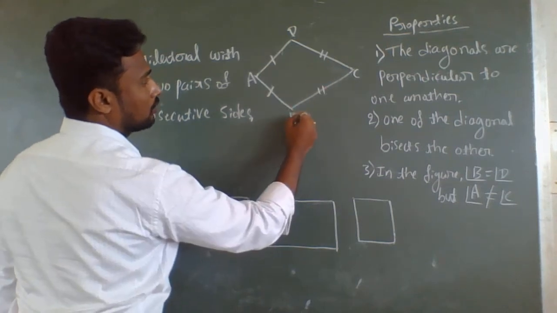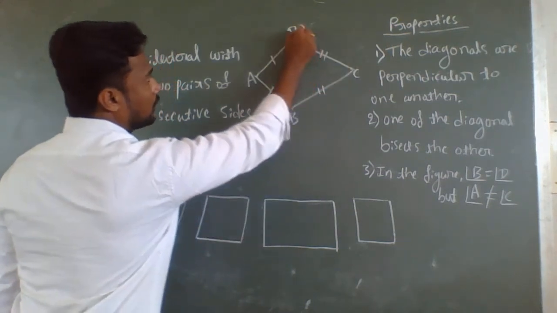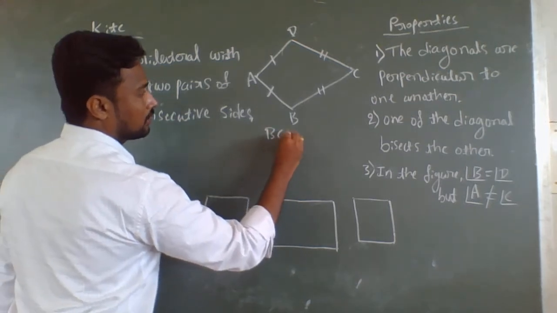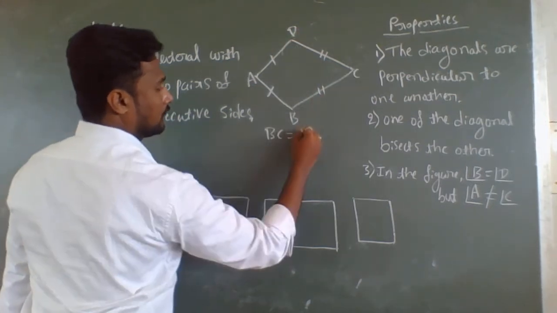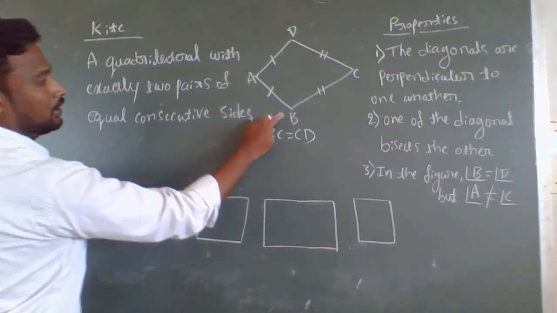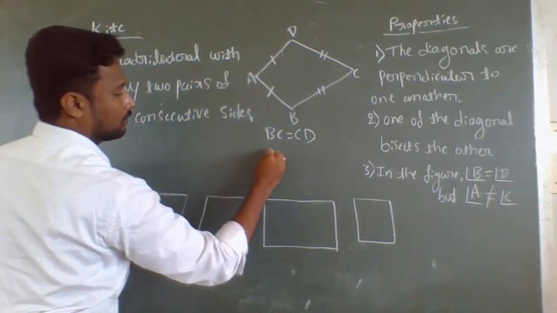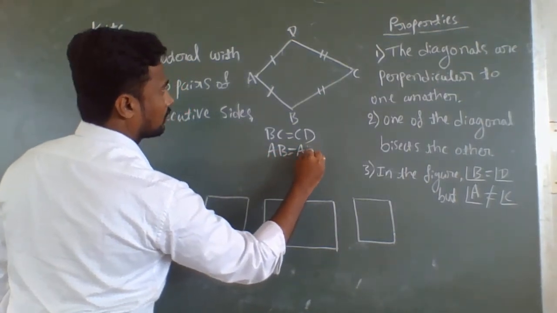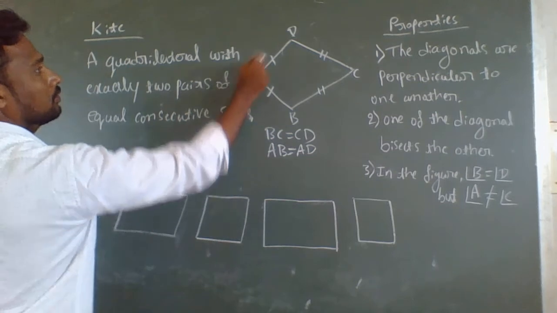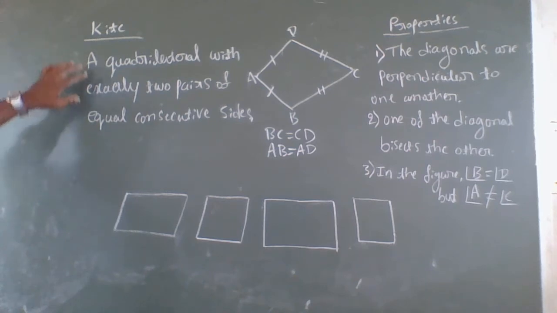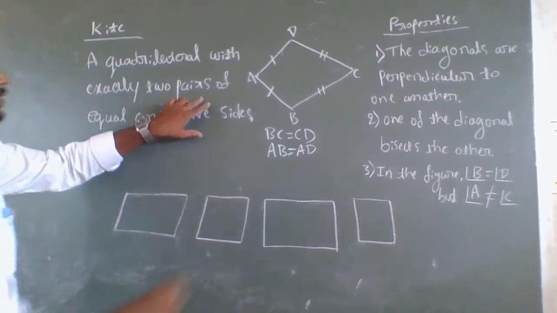These are consecutive: B to C, C to D, continuous. So, BC is equal to CD, and here AB is equal to AD. This is also consecutive and equal to each other. AB is equal to AD. Therefore, a kite is a quadrilateral with exactly two pairs of equal consecutive sides.